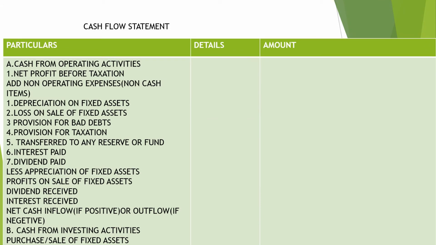Now today we are discussing cash flow statement. What is a cash flow statement? It is inflow and outflow of cash. That is, in trading profit and loss account, company shows net profit or net loss.